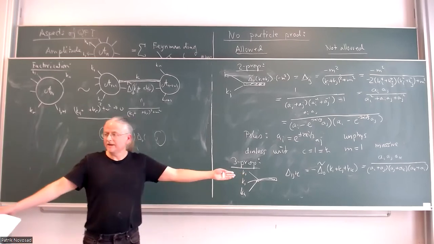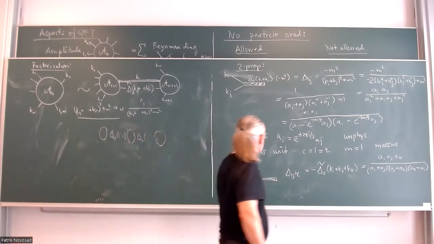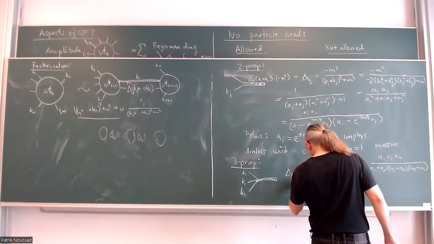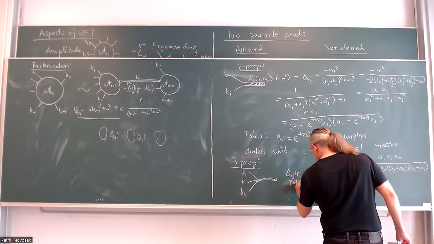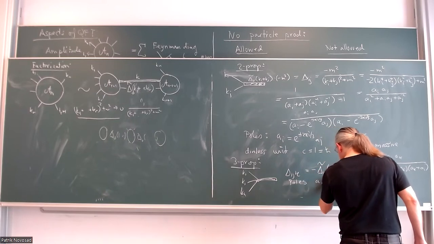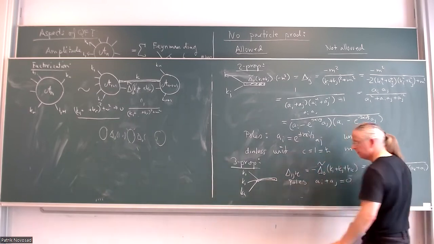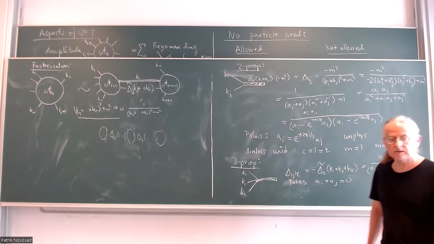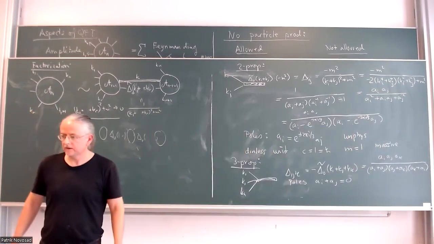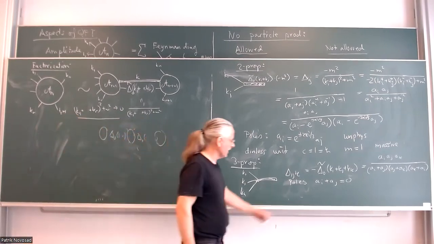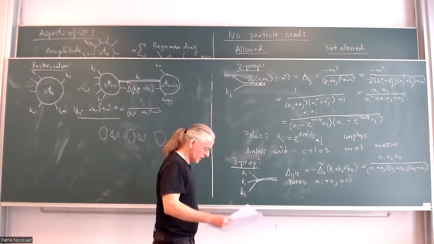The singularities are just that a_i plus a_j is equal to 0. So they are opposite. So it's like an incoming, outgoing kind of thing. So that's why we have the poles.